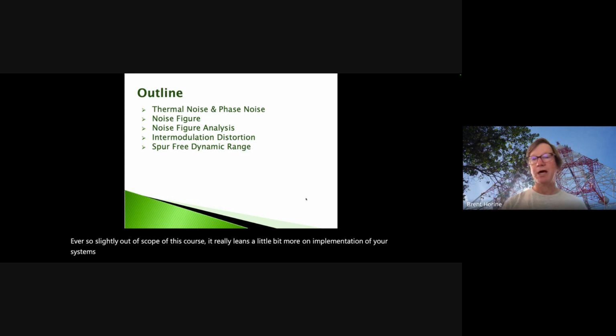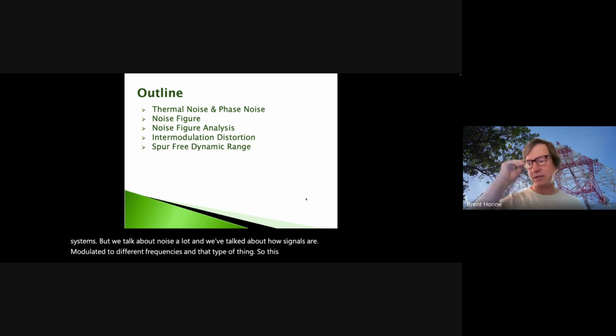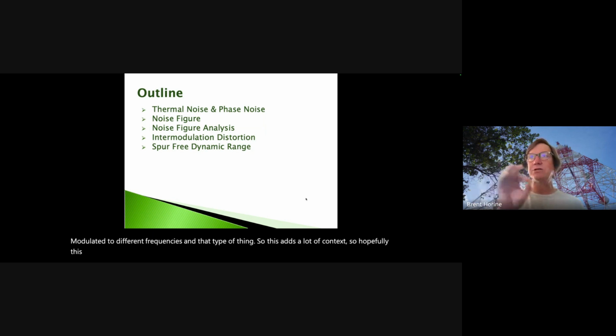But we talk about noise a lot, and we've talked about how signals are modulated to different frequencies and that type of thing. So this adds a lot of context. Hopefully this fills in some of the blanks in your understanding.